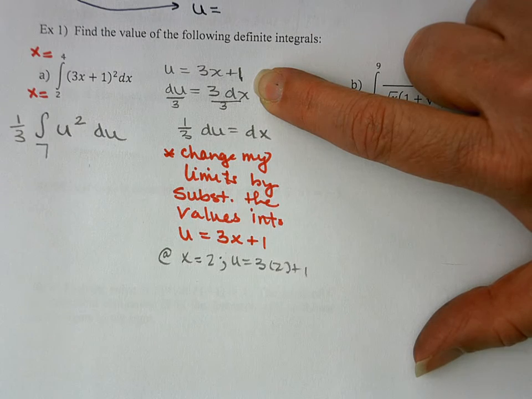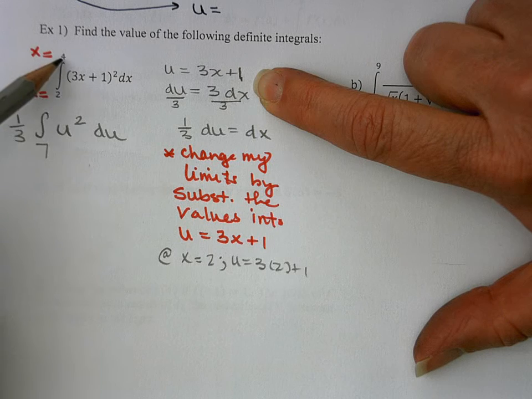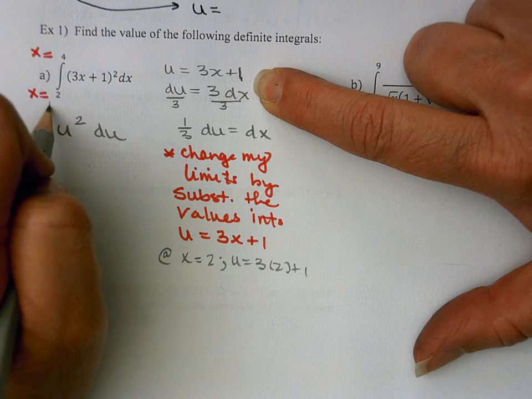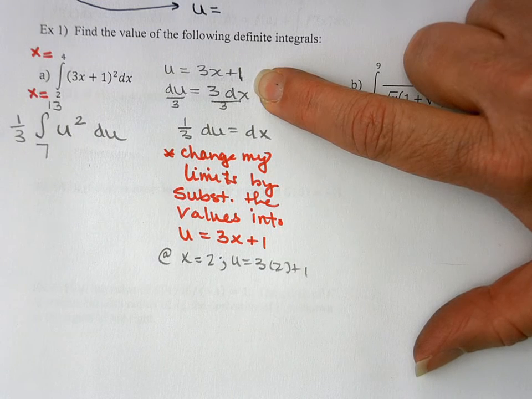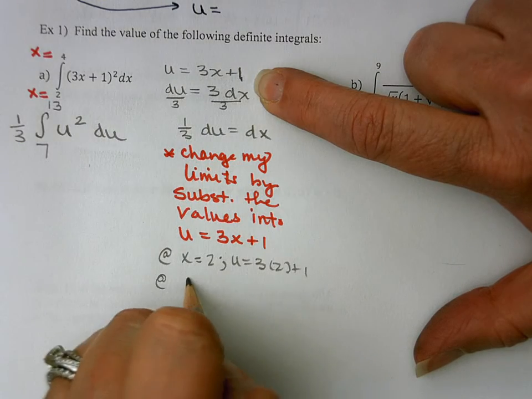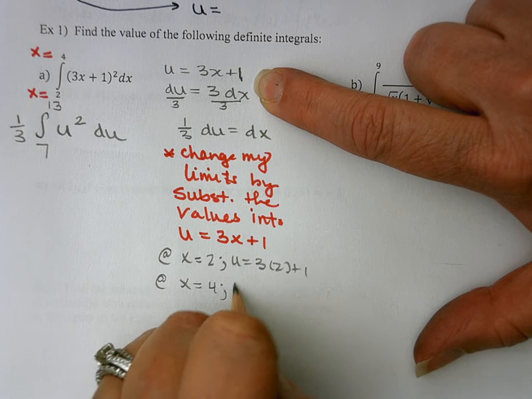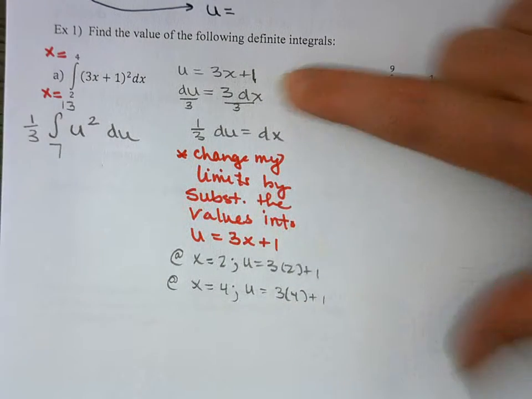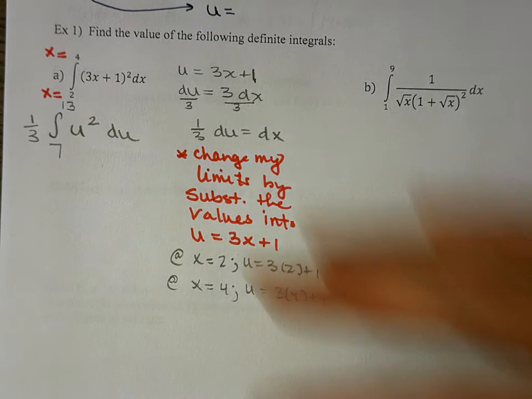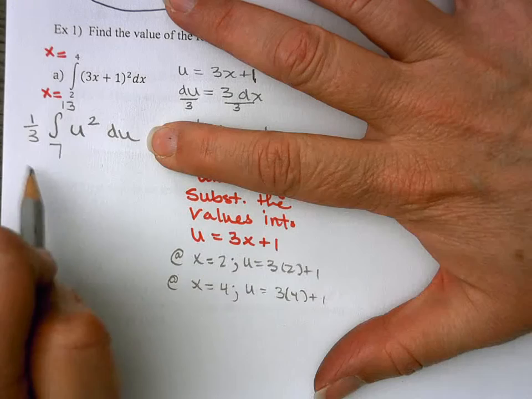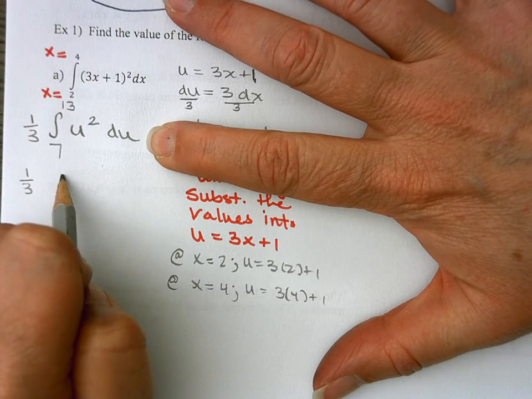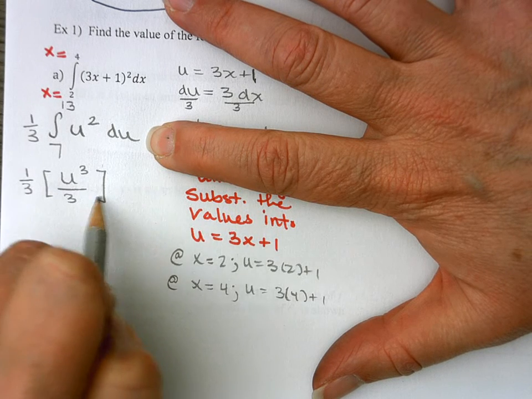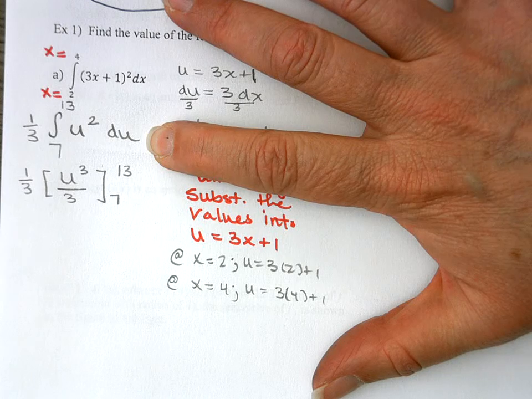And then I'm going to do the same for my upper limit, so x is equal to 4, so that would be 3 times 4, which is 12, plus 1, which is 13. Okay? And so again, I'm just replacing that upper limit into my expression for u. Okay, and then from there, I just integrate just like I normally would. So I'm going to increase the power by 1, and then divide by the new power, and then my limits are from 7 to 13.